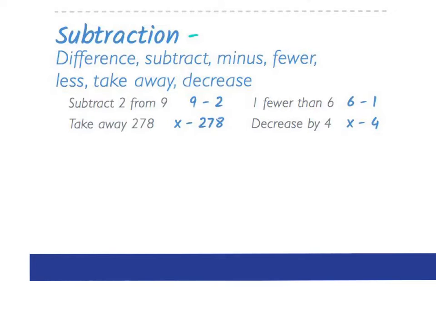So when you hear subtract 2 from 9, for example, it means you're taking 2 away from 9. It's 9 minus 2. 2 less than a number is x minus 2. Decrease by 4 means you have that number you're discussing and you're taking 4 away. Fewer than, 1 fewer than 6 is telling you that you're taking 1 away from 6.